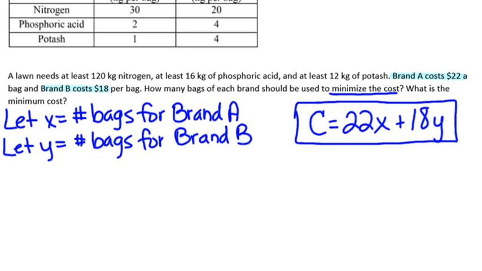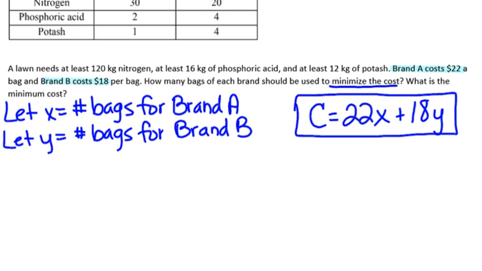Some restrictions that we have for nitrogen. So we need at least 120 kilograms of nitrogen. Well, a bag for brand A for X is 30 kilograms, so 30 kilograms per bag of brand A plus 20 kilograms of nitrogen for brand B needs to be greater than or equal to 120 kilograms, at least 120 kilograms of nitrogen.